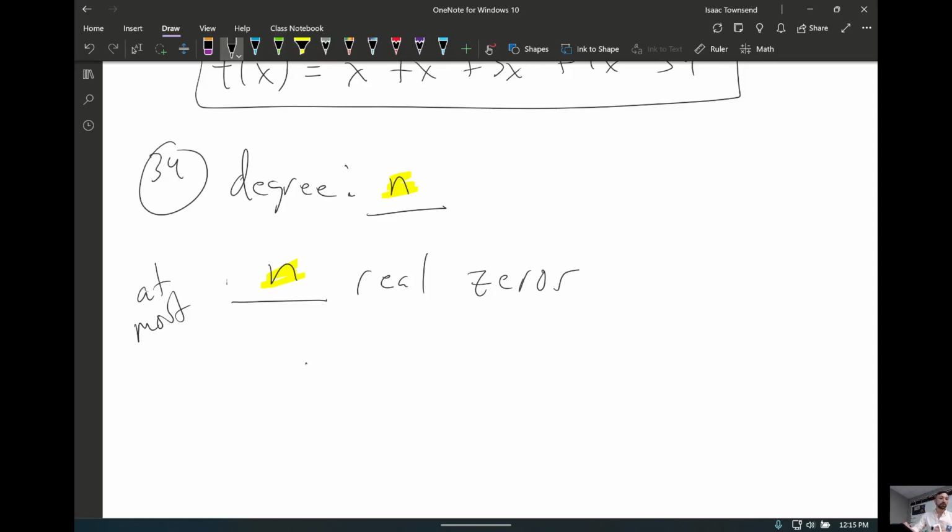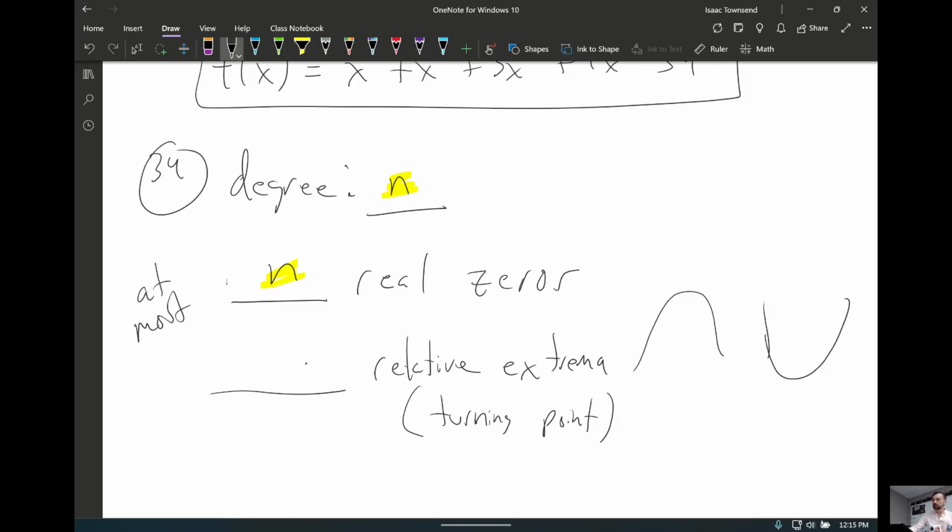Okay, and then you also need to know it would have at most the number of relative extrema, which to me, these are like turning points. Extrema is maxes and mins. So either way, if it's a max, it's changing directions.